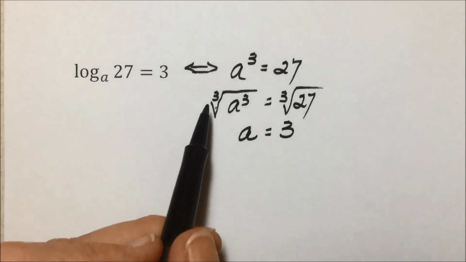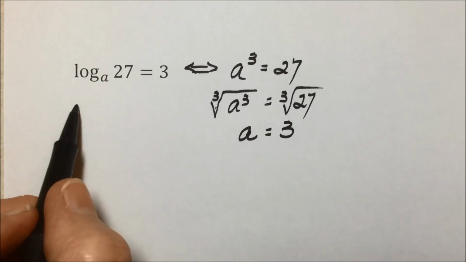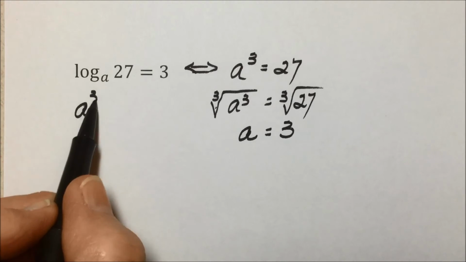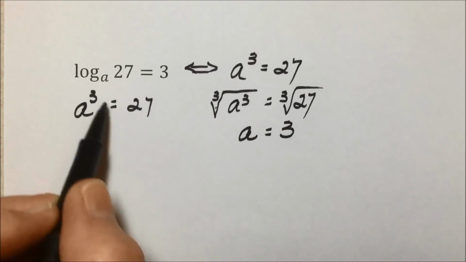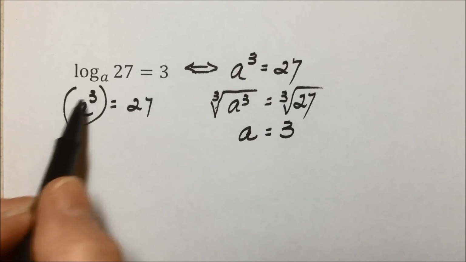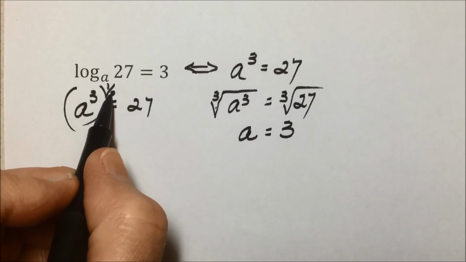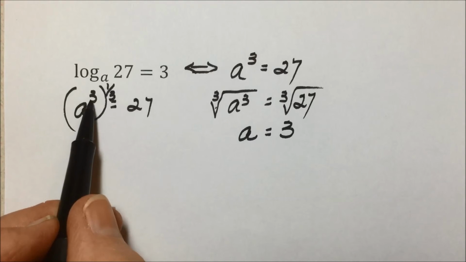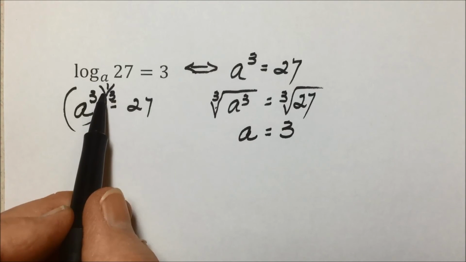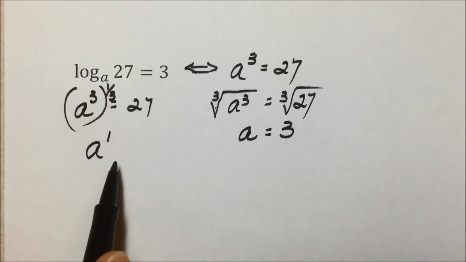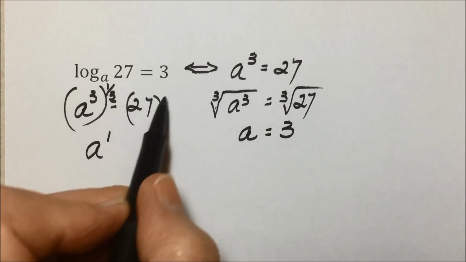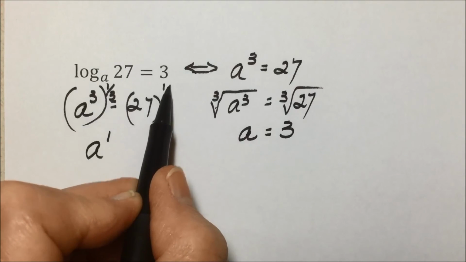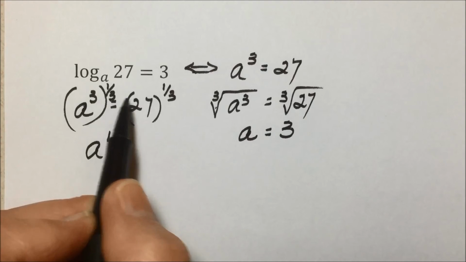If you didn't use a radical, as an alternative solving this problem, we could have raised this to the 1/3 power, which is equivalent to the cube root. 3 times 1/3 would give us a to the 1st power, and raising 27 to the 1/3 to maintain equality.